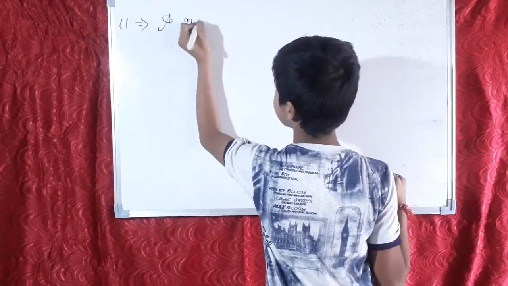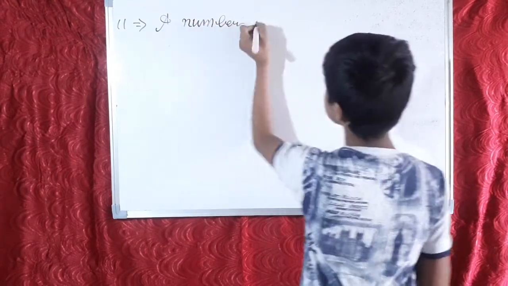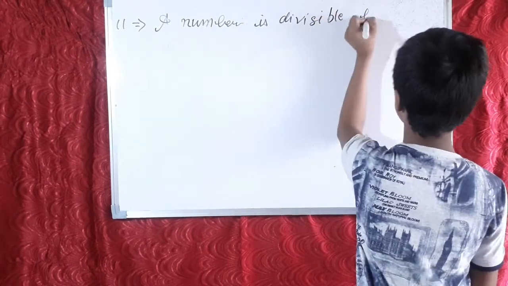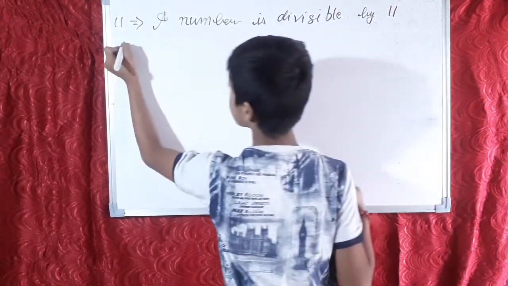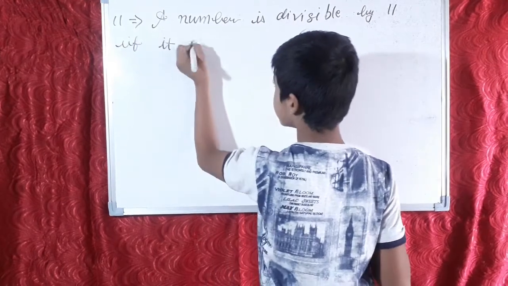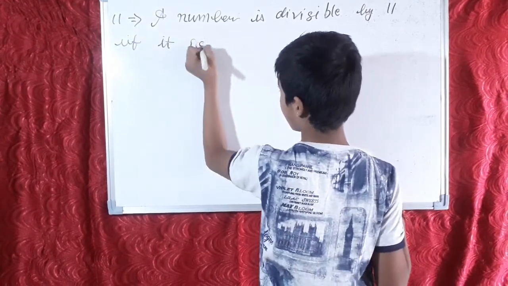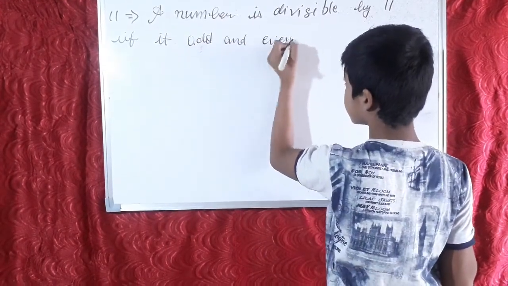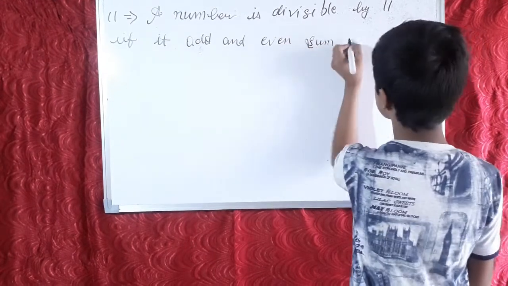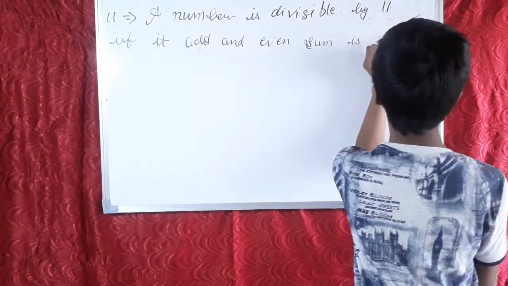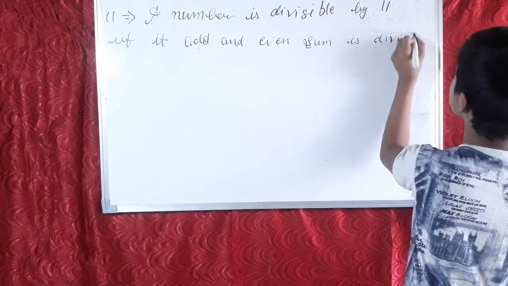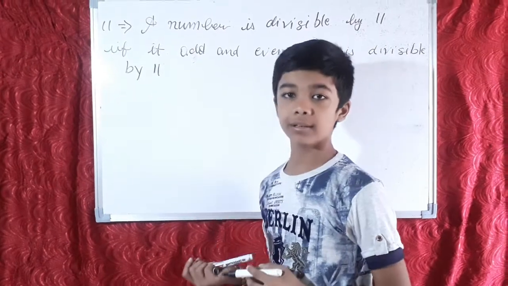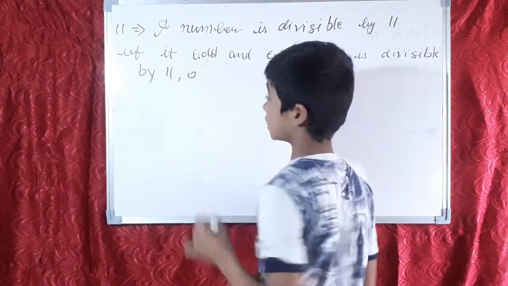See, a number is divisible by 11 if its odd and even place sum difference is 11 or 0, or a multiple of 11.